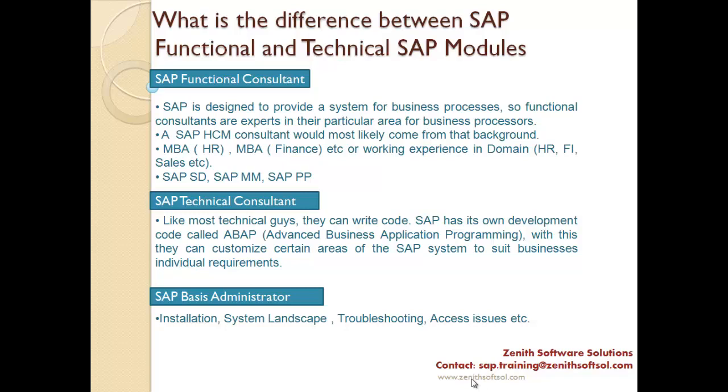But it's not compulsory that a person should really need to have MBA in HR. I have seen in my real time people with just working experience or having good knowledge in human resource, they also picked up in SAP HR. So these are the functional modules which are mostly related to the business processes.